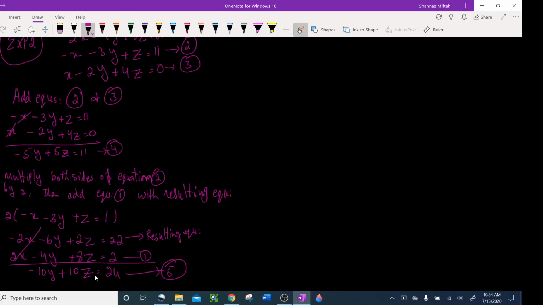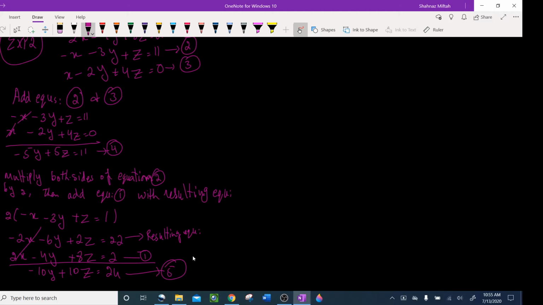So do you see 4 and 5, we were working hard to get something like a y and z variable equation like 4, and that's what we got, right? So now we are going to use equation 4 and 5.